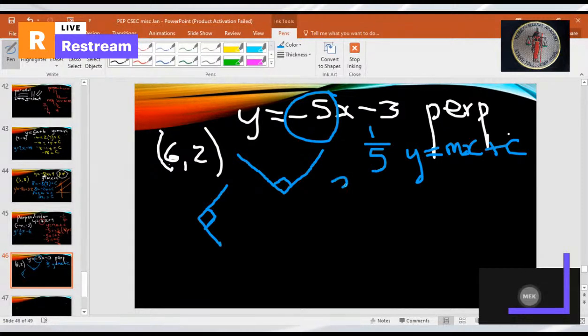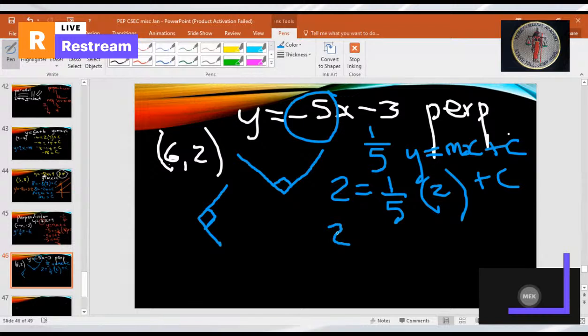So 2 is equal to 1/5 times 6, plus c. So 2 equals 6/5 plus c.